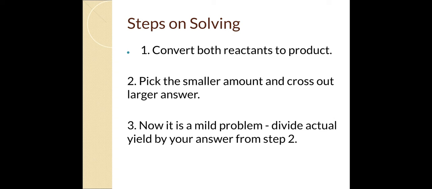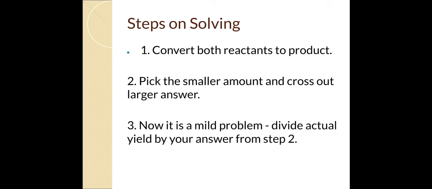The second step, pick the smaller amount. Whatever amount of water you got, I want you to circle that one, and the bigger number of water that you calculated, I want you to cross that off, because that's dead to us. We don't care about that, okay? So out of our 2 answers from step 1, we're going to circle the smaller amount, because that was made by the limiting reagent, okay?